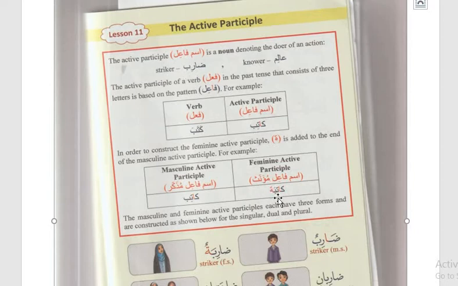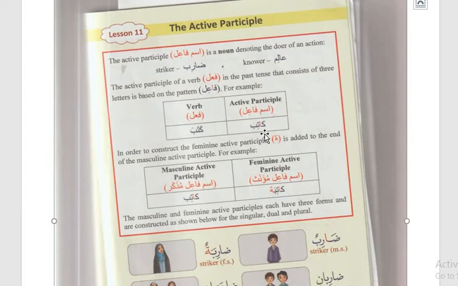Now I think it's clear till now. We were talking again about the active participle, which is called in Arabic ism fa'il. What do we mean by ism fa'il? We mean the person who is doing the action. For example, striker, knower, and katib. This here is masculine: darib, alim, katib.